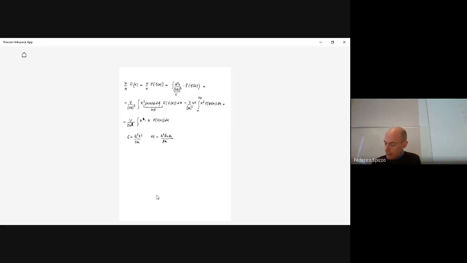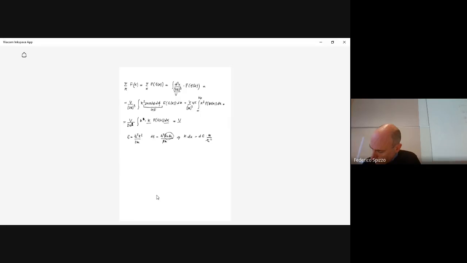Then k dk, this term here, is equal to the product of these two. So in place of k and dk, I will substitute dE times m divided by h bar squared.